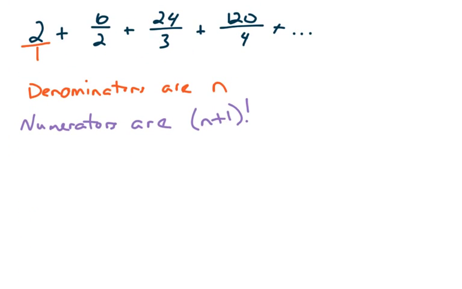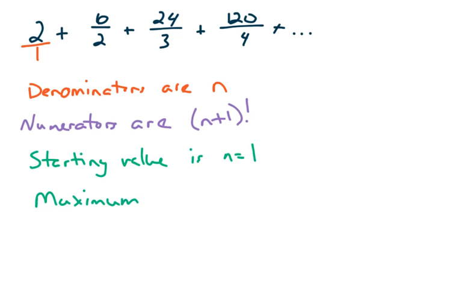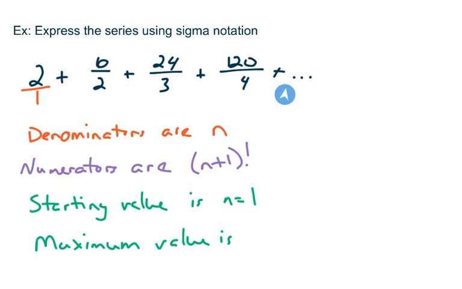So what's our starting value? The starting value is n equals what? Well, it's the first term, and our n value is 1. The maximum value, the number that goes on top of the sigma symbol, is, if we look, this goes on forever, so we can say the maximum value is infinity.